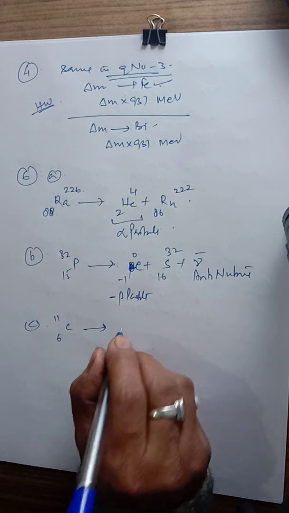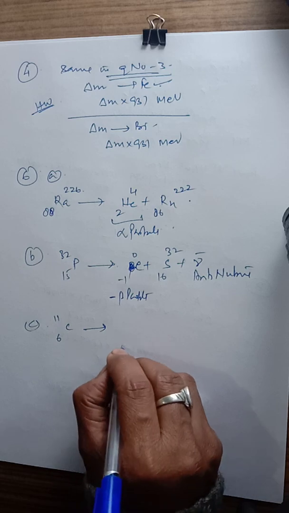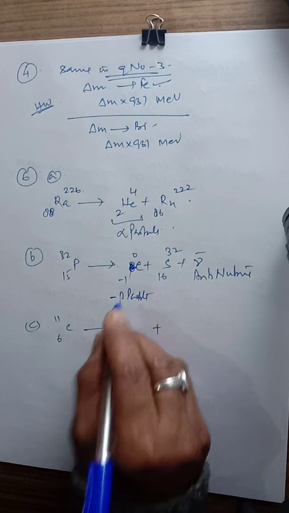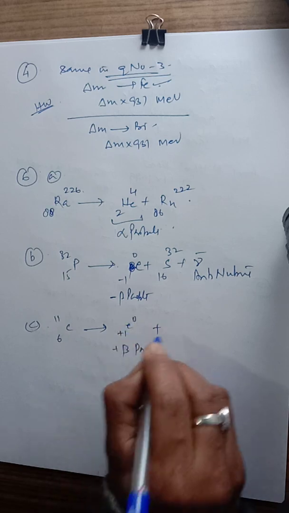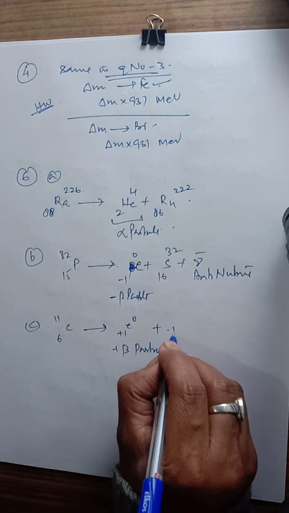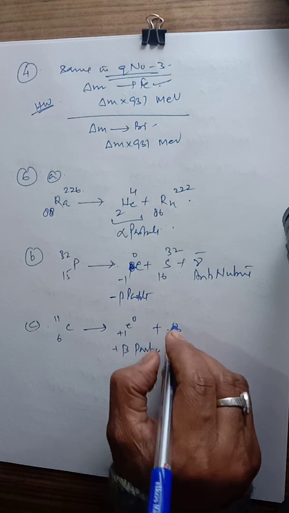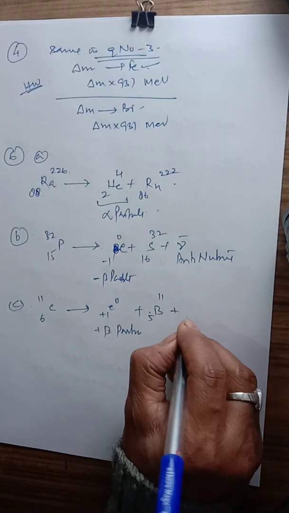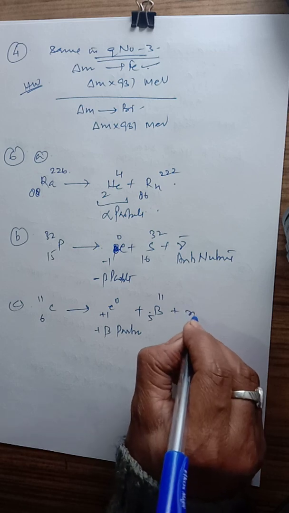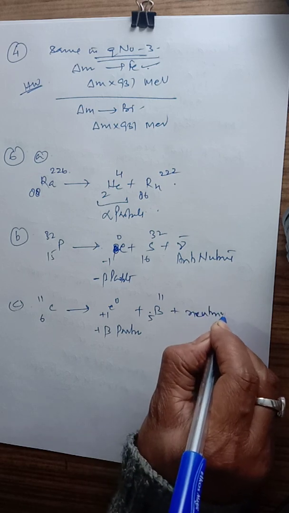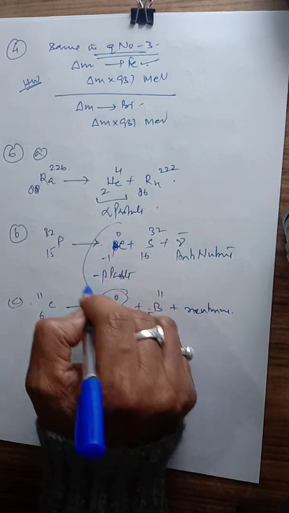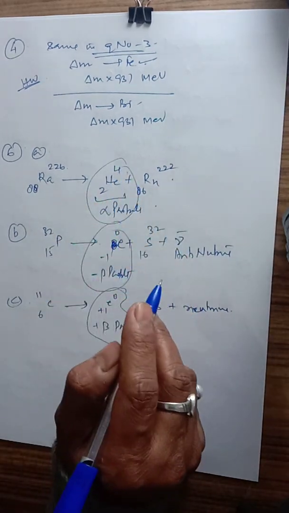It becomes a beta plus particle, +1 e 0, plus boron 5, 11, plus the neutrino. So this is the positron, this is the negative, and this is the alpha particle.